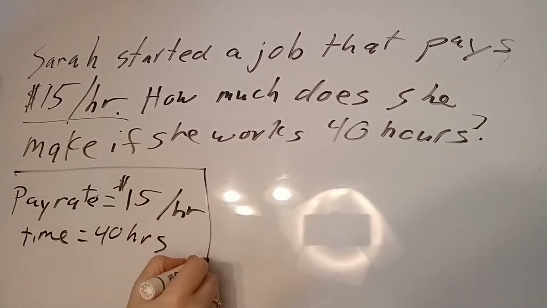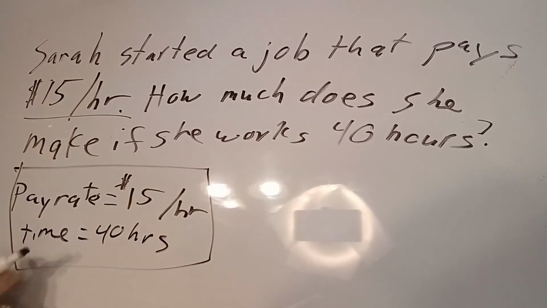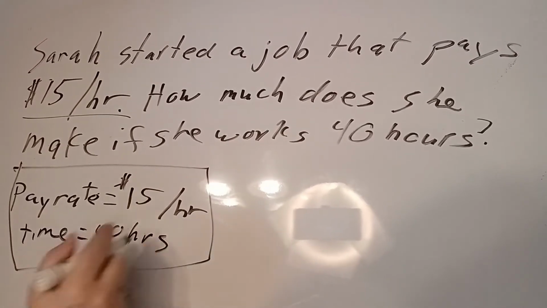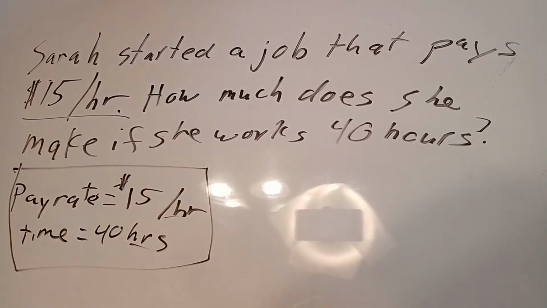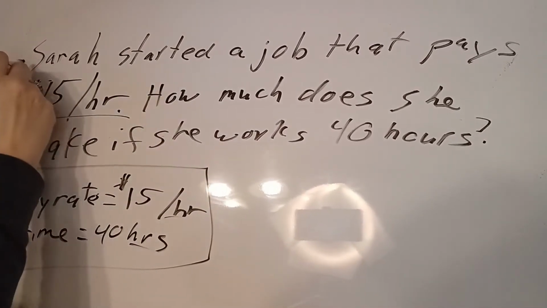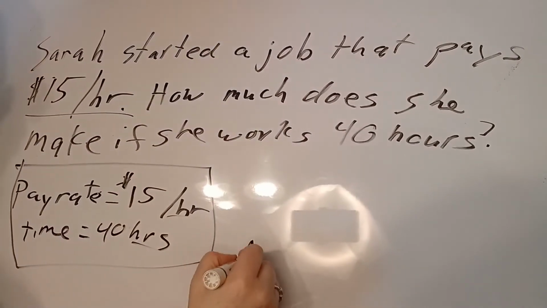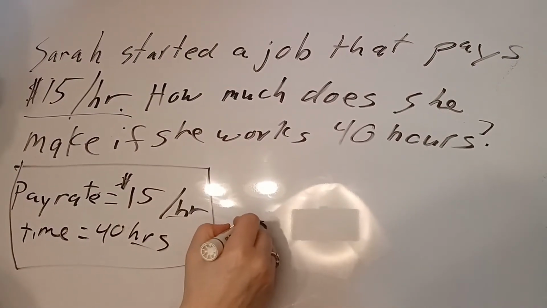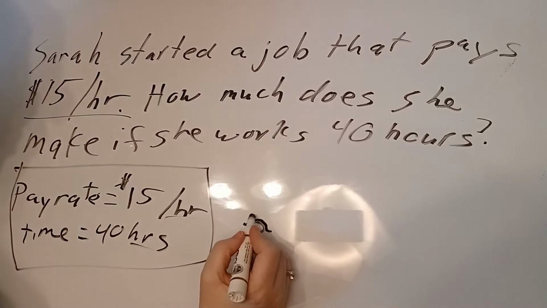Okay, so the first thing I do is to pull these out. These are the numbers that we're going to be using. We need to include the units. Let's look at what's going on. Sarah started a job that pays $15 an hour. So we see Sarah here. She's got on her uniform and her little paper hat.